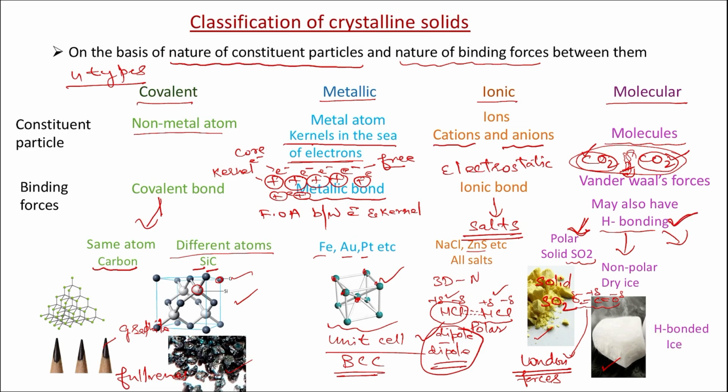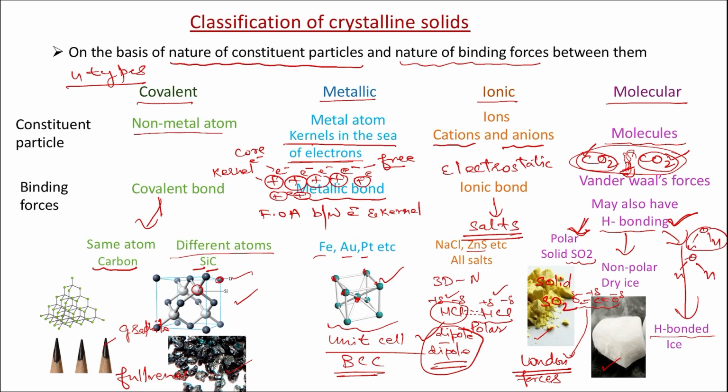Such molecular solids are known as hydrogen bonded molecular solids, and we know how ice looks like. And this is hydrogen bonded because in this case this is a water molecule, this is another water molecule.